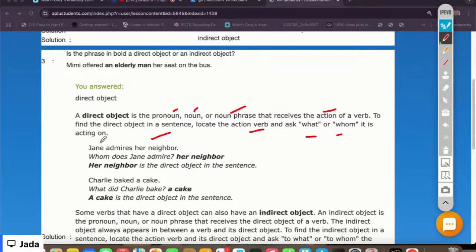So, for example, we have "Jane admires her neighbor." Now, whom does Jane admire? Her neighbor, right?